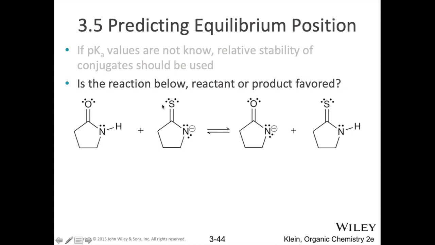Now, you could look at your acid and your conjugate acid and ask yourself which one is a better acid. We don't have pKa values here, so it might be easier to look at our base and our conjugate base and ask ourselves, well, which one is more stable? All right, using REO, we can figure that out.